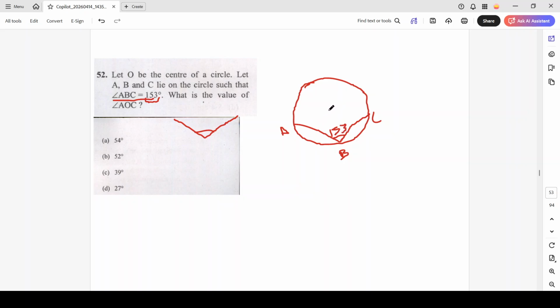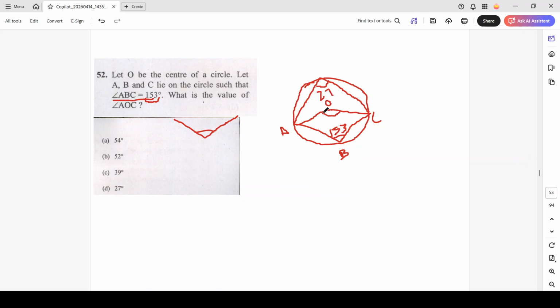This is our center O of the circle, and we have been asked for angle AOC. First of all, we need to complete this quadrilateral. It becomes a cyclic quadrilateral, and in a cyclic quadrilateral the sum of opposite angles is 180 degrees. That means this angle becomes 180 minus 153, that is 27. So 27 plus 153 becomes 180 degrees.